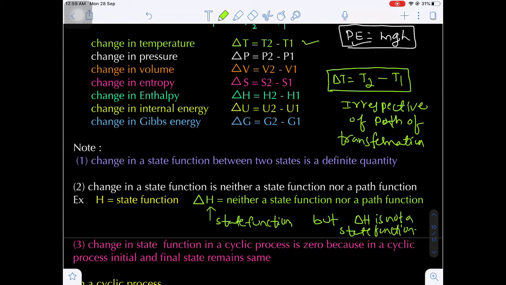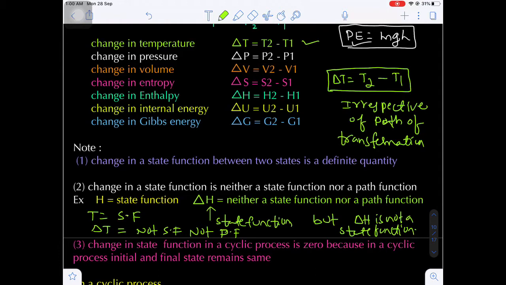This is very important. Once again I am repeating. Let's suppose temperature. Temperature is what? State function, SF. Now taking the T, delta T. Delta T is not a state function as well as not a path function, because it is change in change, that is d of dx.